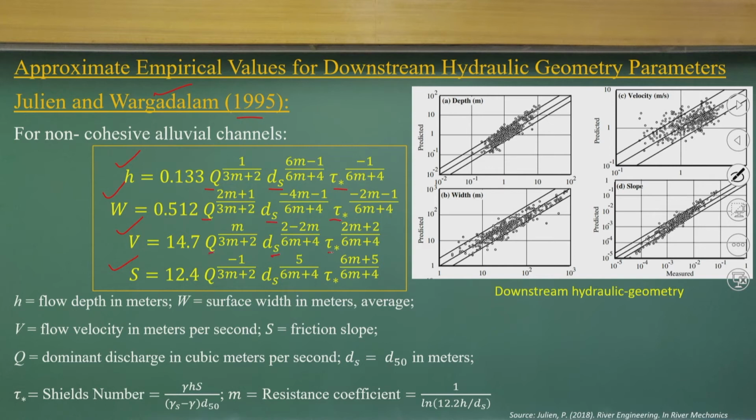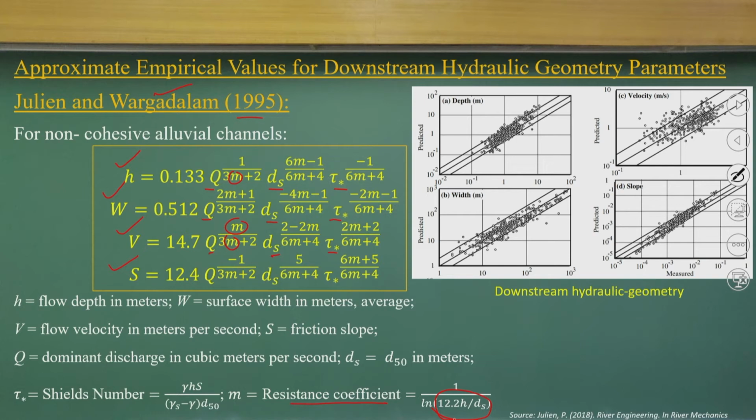It is a more advanced version than the Lacey equations. It is a function of Q, ds and tau star, and the power exponent depends upon the m value. So, m is a resistance coefficient which also has a relationship with the relative submergence depth.